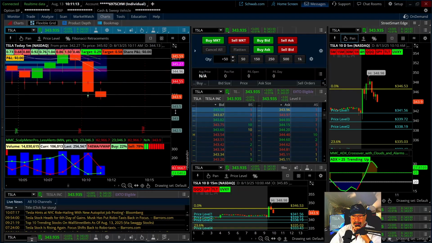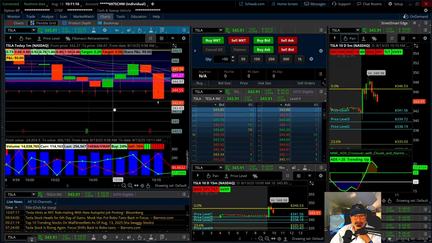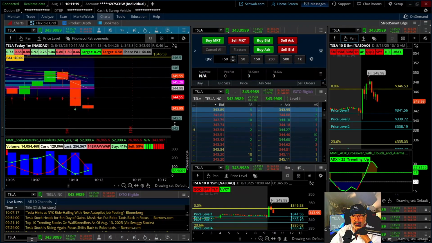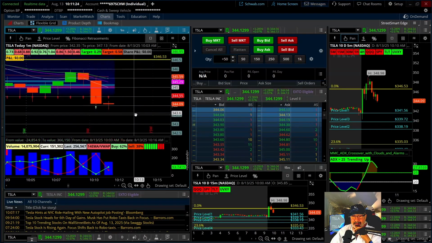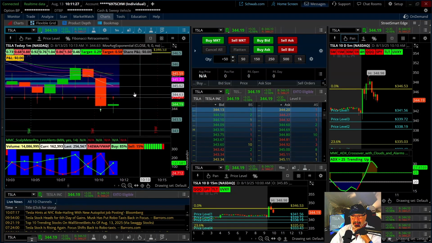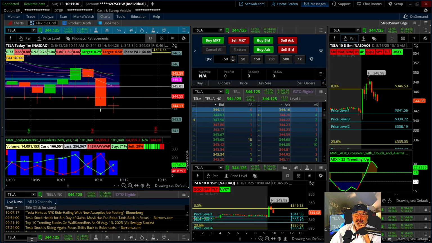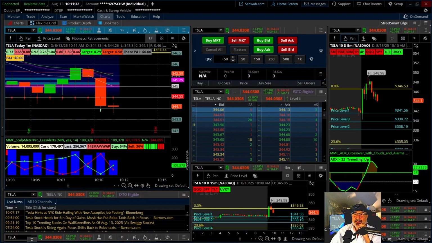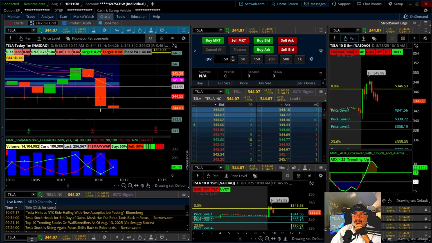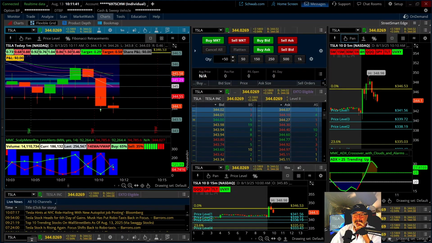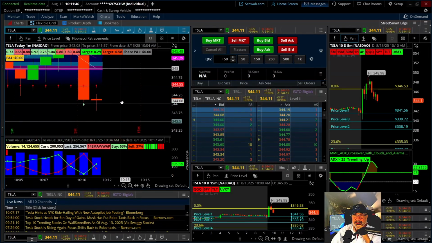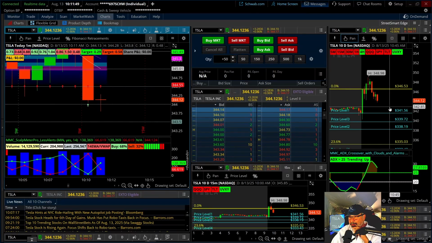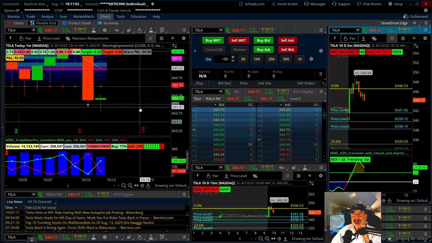I'm looking to buy a dip here, but it just broke out of consolidation here. Yeah, I'm not having stocks that are consolidating. That's the problem. So I am very perplexed by the market generally going down now.